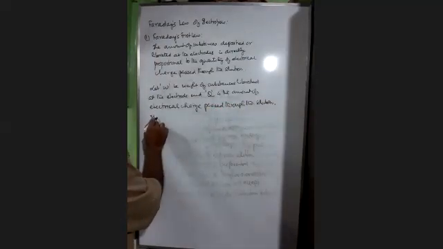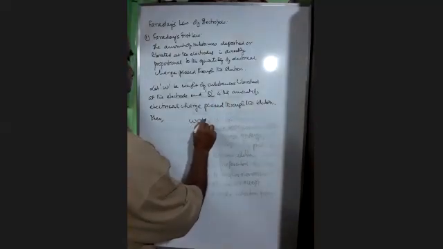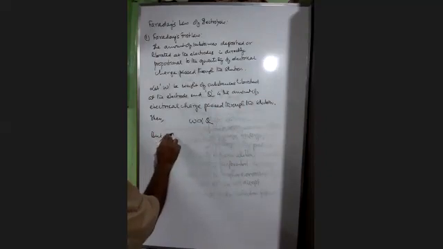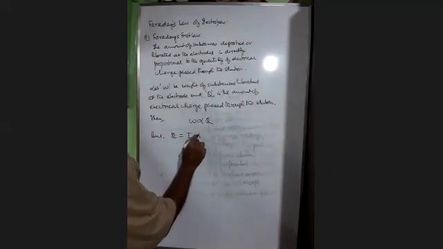Then what will happen? W is proportional to Q. But Q is equal to what? I into T.